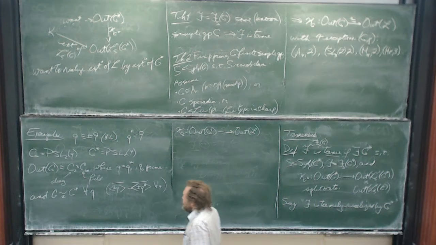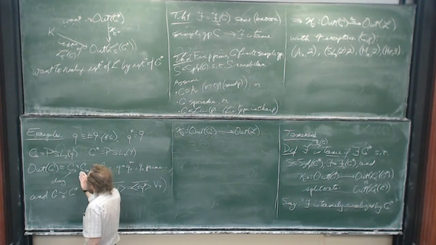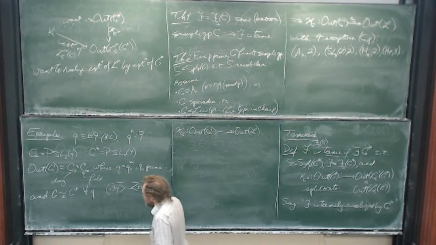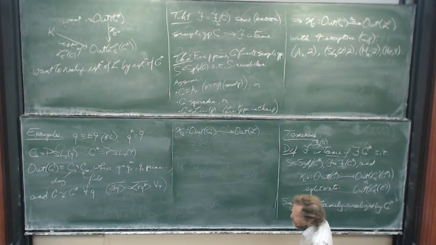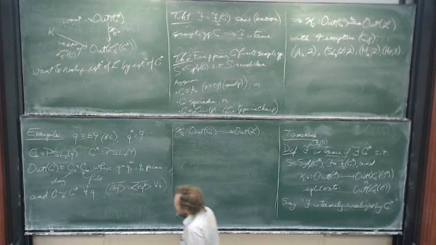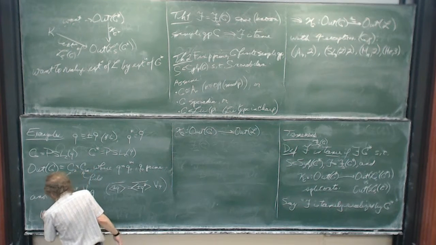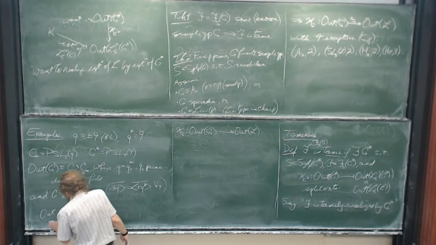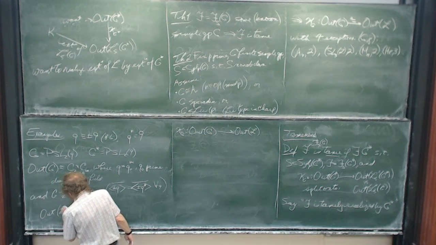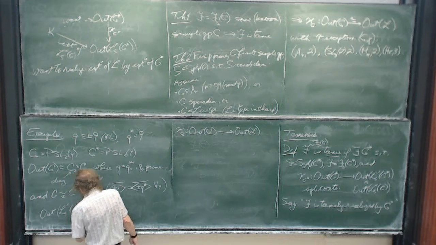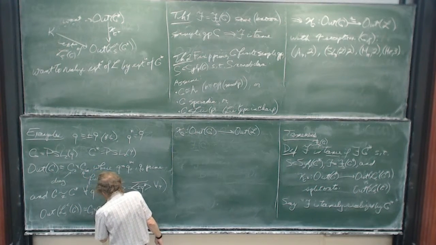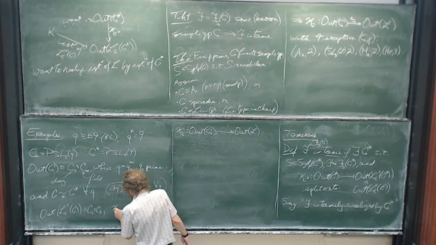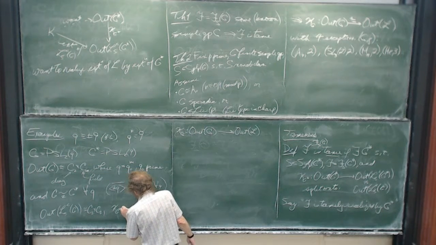So all of these have, for example, a Sylow 2-subgroup dihedral of order 8, and so on. And so Out of G, in each case, is C2 cross C2, and kappa sub G star is an isomorphism.